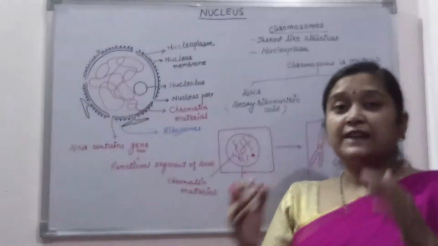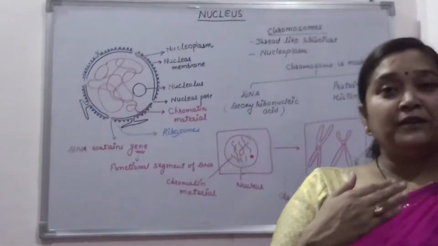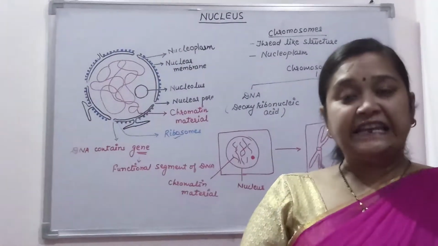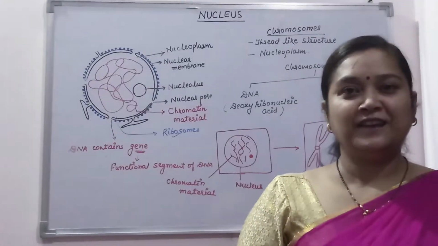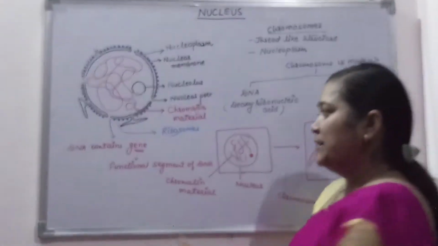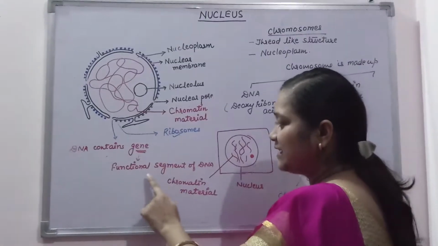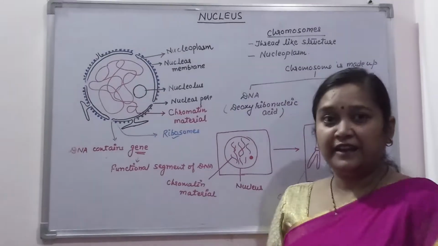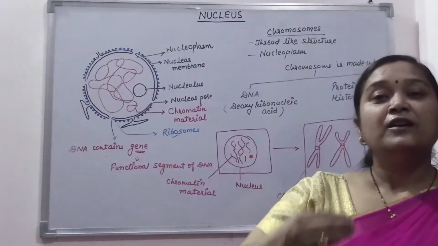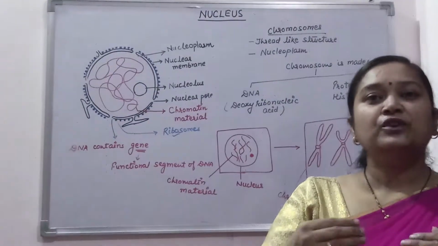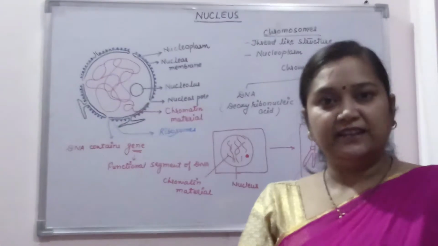See student, all of us have heard that the child is more or less similar to the parent. How is it possible? Because this gene, that is the functional segment of the DNA, is transmitted from father or mother to the child.